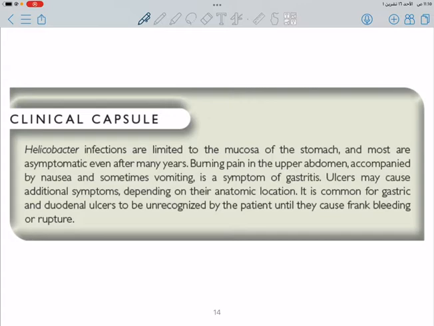So one doesn't notice, and it will pass unrecognized for many years. Then one day our patient will come to us with bleeding and perforation, which is an emergency. If not treated, the patient will die in a few hours.